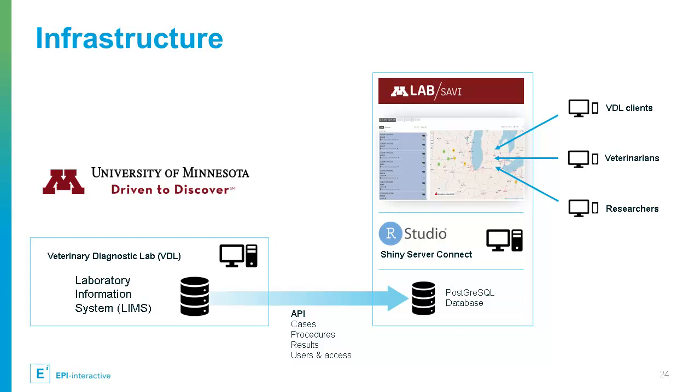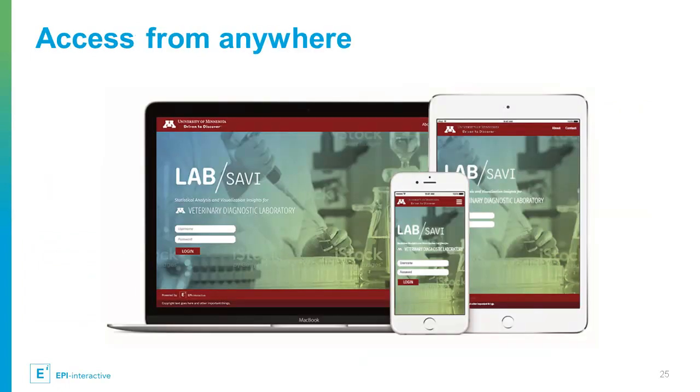We use a product called RStudio Connect, which helps us with performance tuning and also acts as a web server. Then it outputs a web interface where VDL clients, veterinarians, or researchers can access it. It should be accessible on different devices, whether a mobile phone, tablet, laptop, or desktop computer.